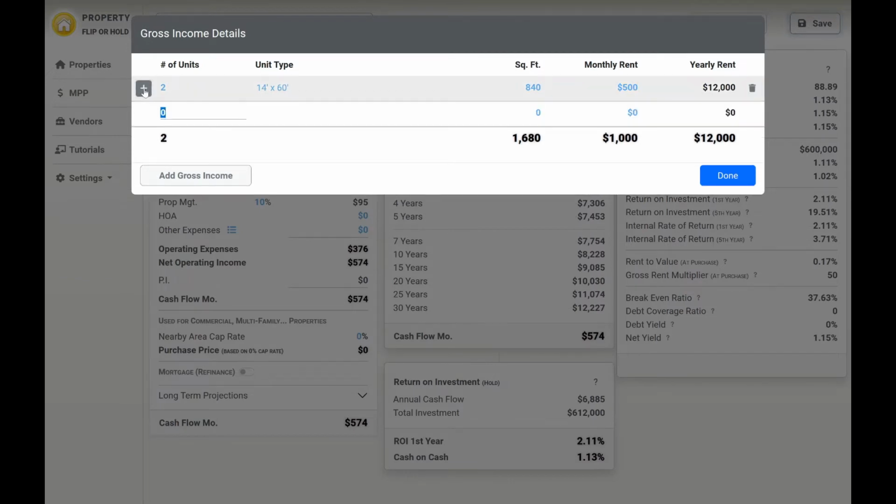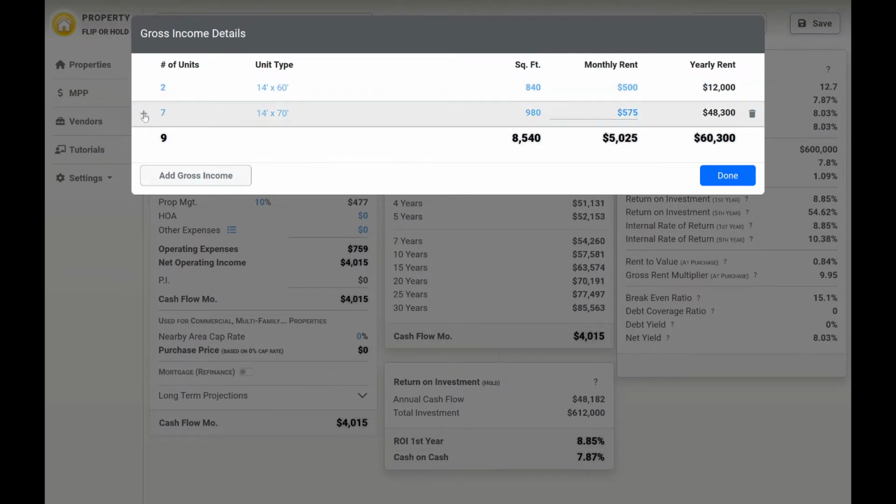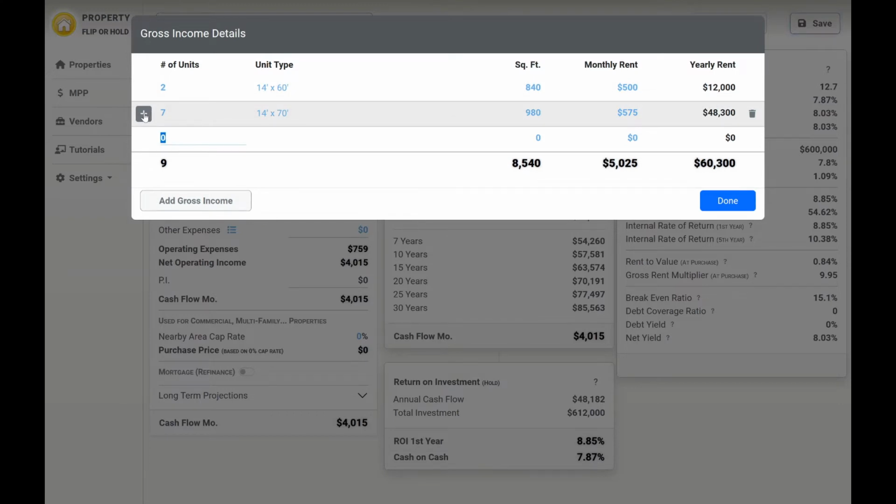Then we have 7 units of 14 by 70, and their square footage is 980, and they rent for $575 per month. And then we have 5 units of 14 by 80.